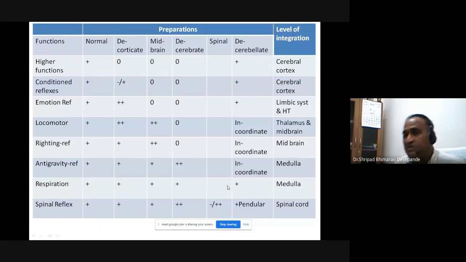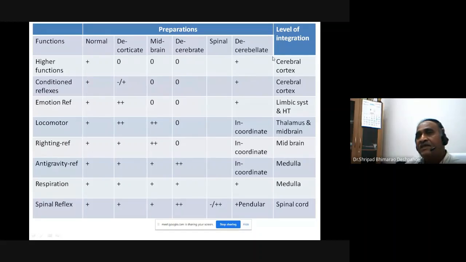If a spinal lesion is at a cervical segment, the person will die immediately because of respiratory arrest. So if he has to survive, the lesion must be below C4, and the diaphragm should be spared. That is why I have kept this blank. I will put in certain things and supply them again.